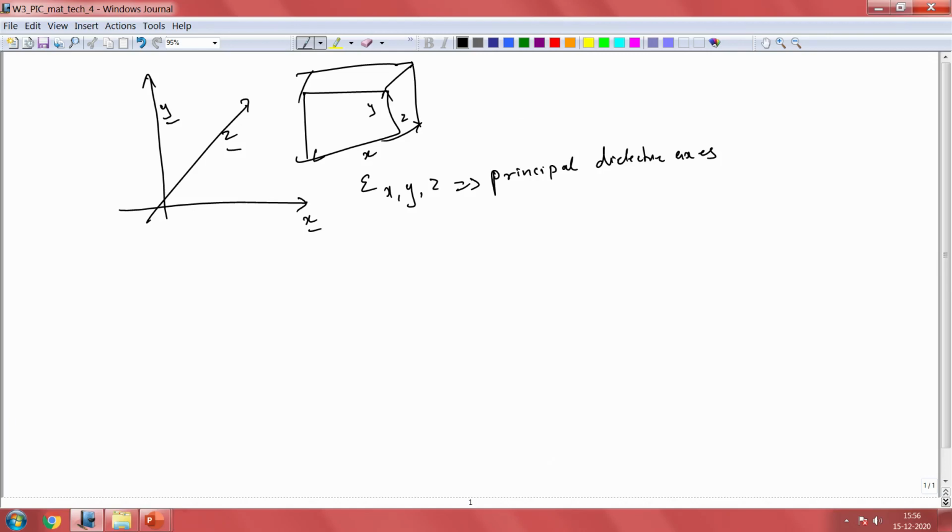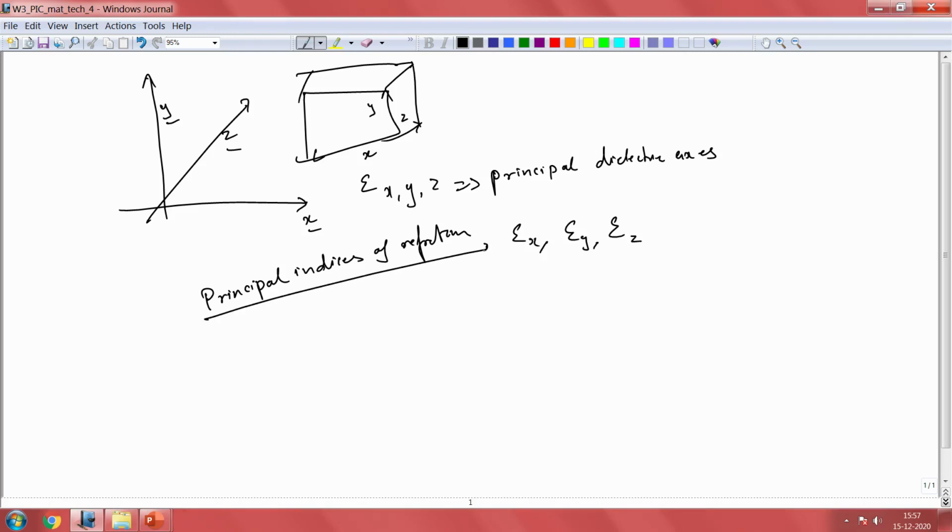So index of refraction. So the principal indices of refraction. So we start with our system here. So epsilon x, epsilon y and epsilon z. So these are all our dielectric constants, permittivity across the different directions.